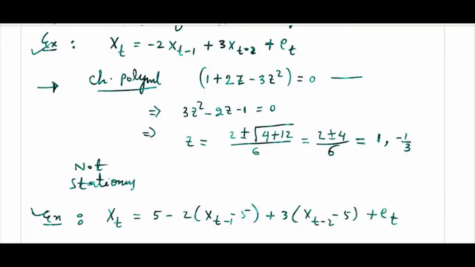Here you can consider x_t minus 5 as y_t. Then your equation will be y_t is minus 2 y_{t-1} plus 3 y_{t-2}. So you just match the coefficients, minus 2, plus 3. They all match. So even if you find the characteristic polynomial here, you'll get the same roots. Again, if this is not stationary, this is also not stationary. We'll not check it separately.